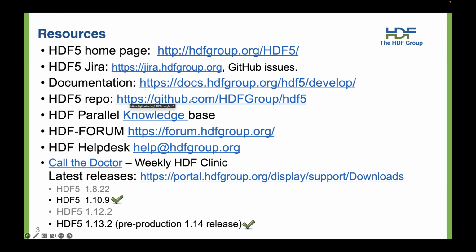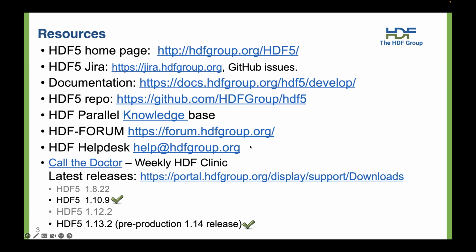The repo has a link here on GitHub. You can download it with all the different versions. We also have a parallel knowledge base, and I have a link here for past questions and answers and best practices about using HDF5 in parallel. If you have questions, you can ask them on the forum. I have a link here to the HDF Group.